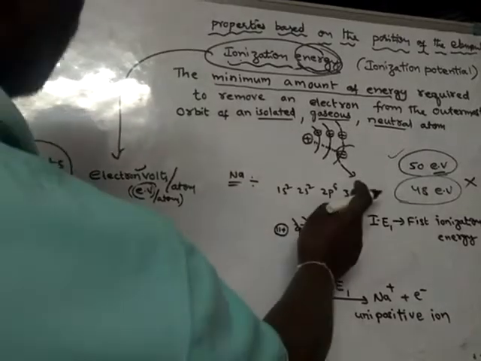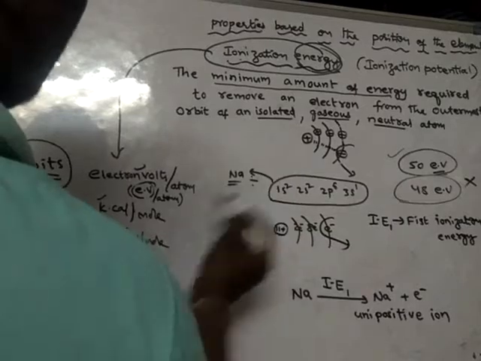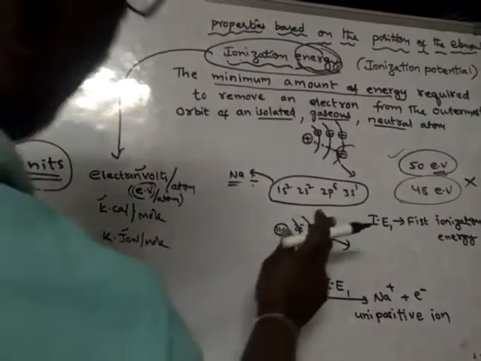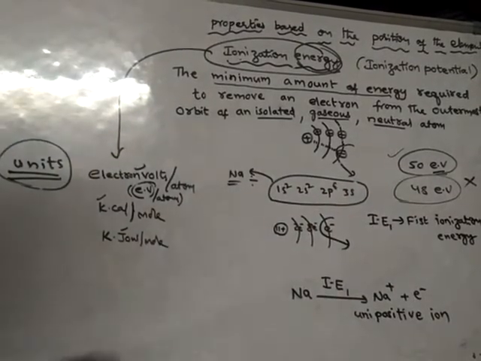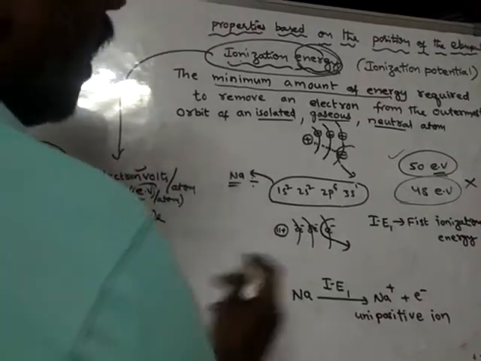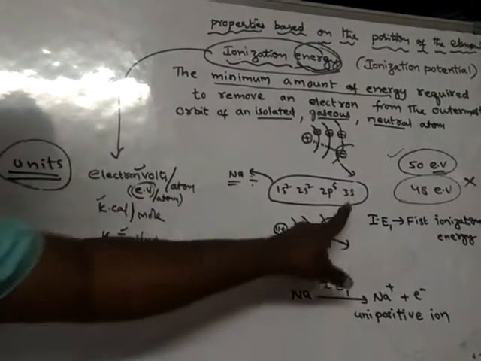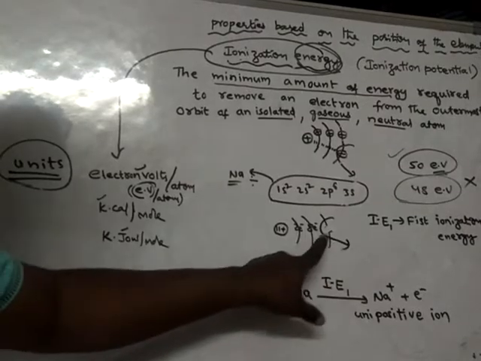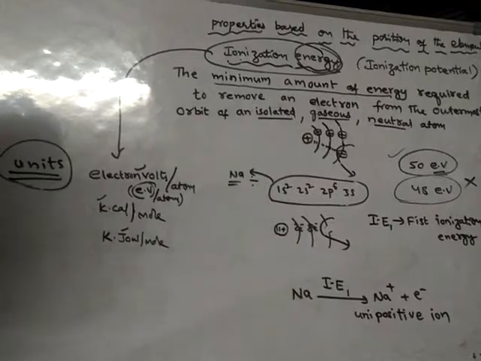Now this is the actual electronic configuration of the sodium atom. Now I am removing one electron from the outermost orbit. So after removal of this electron, outermost orbit means here 3s should contain one electron actually, but I am removing that electron by spending some energy, ionization energy. So now the third orbit is not having any electron. After removal of this electron, electrons are present only in 2 orbits.